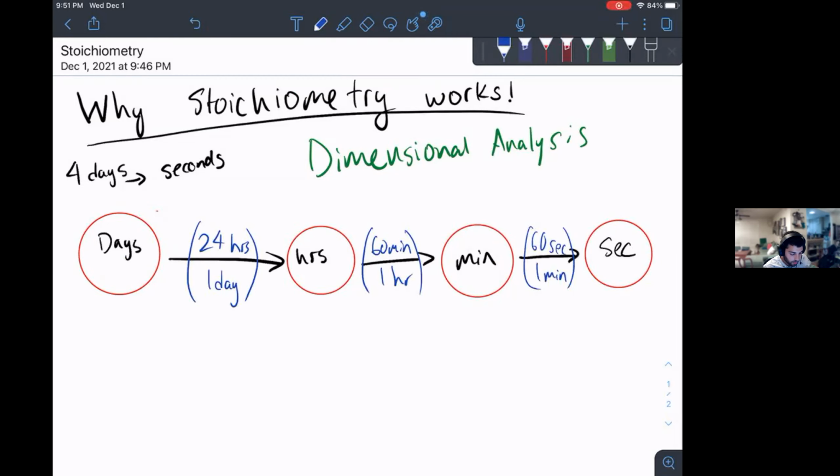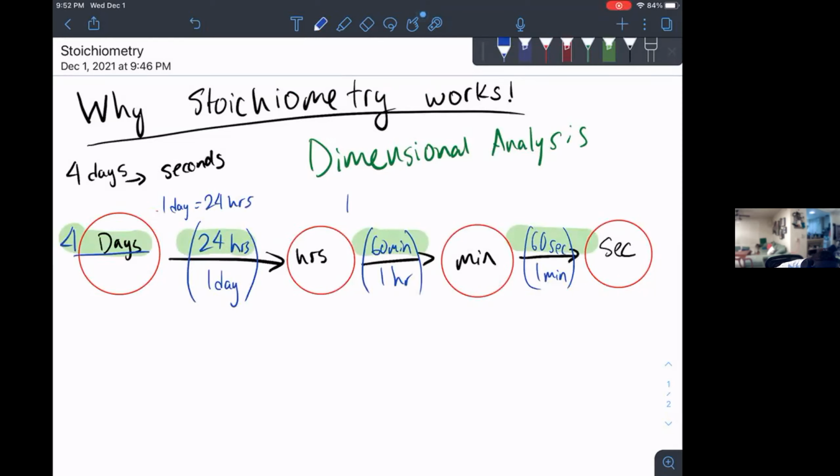And doing these conversions, we see that we can multiply our 4 days by 24. So we'll multiply 4 by 24 by 60 by 60, and we'll get some amount of seconds. And when we do these conversions, it's pretty easy to see why. We're just taking these conversion factors, being 1 day equals 24 hours.